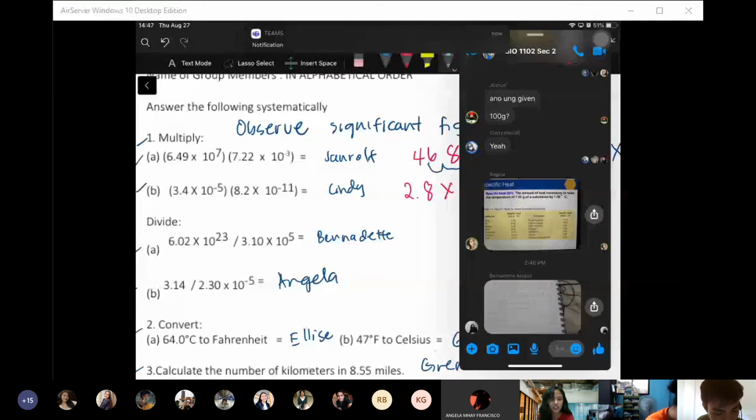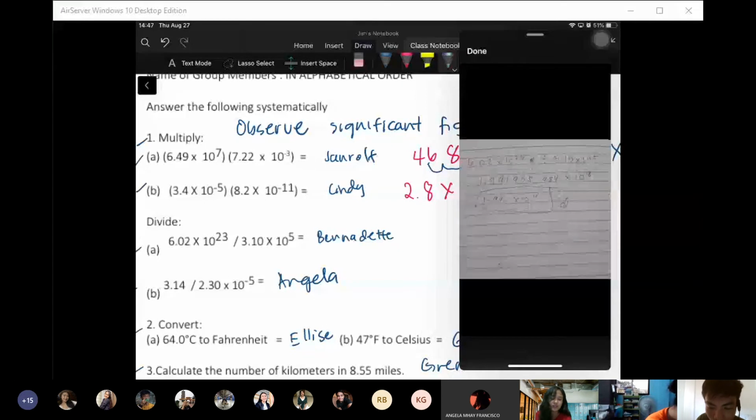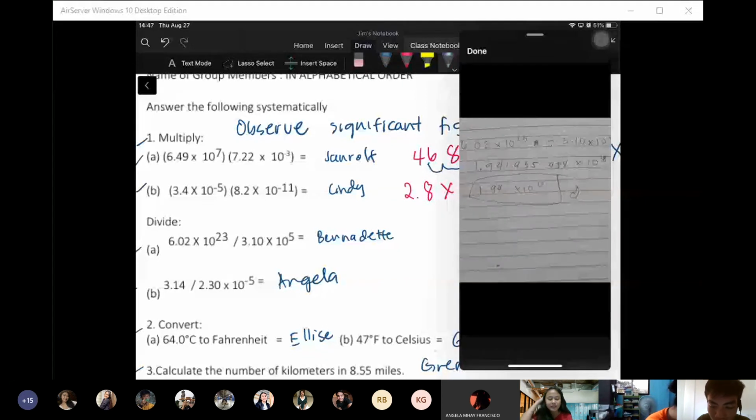Since it is division, we divide the significant numbers, 6.02 and 3.10. The result is 1.941935484 times 10 raised to 18, since in division we subtract the two exponents: 23 minus 5 is 18. With 3 significant figures, the final answer is 1.94 times 10 raised to 18.